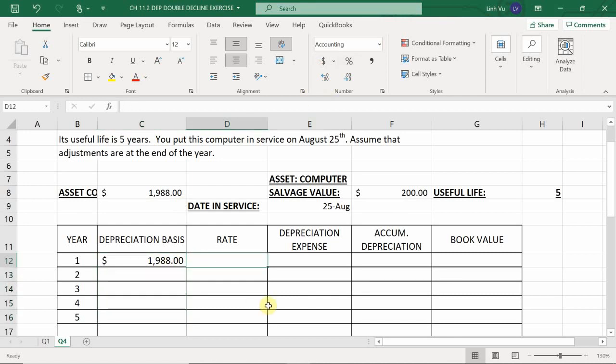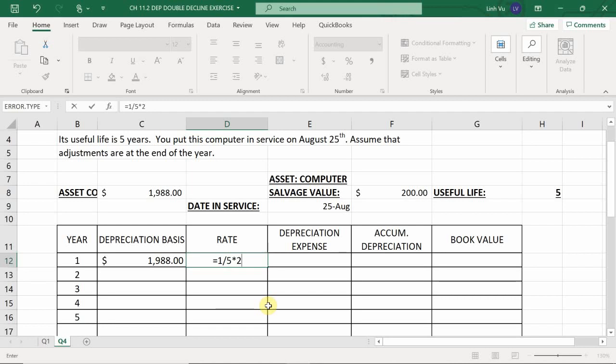What is going to be my depreciation rate? It's still 40%, isn't it? Yes. Good. So in this case, the rate's going to stay the same, right?